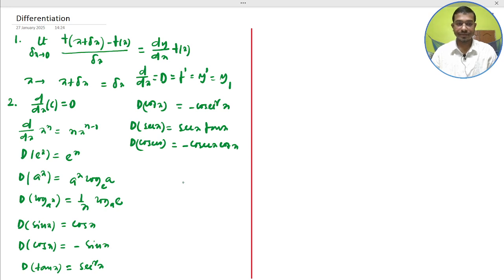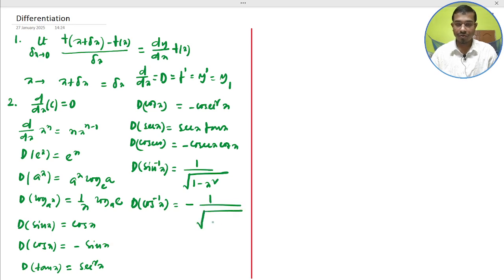Next, the inverse functions. D of sin inverse x should be 1 by root over 1 minus x square. D of cos inverse x, same with the negative sign, minus 1 by root over 1 minus x square. D of tan inverse x would be 1 by 1 plus x square.